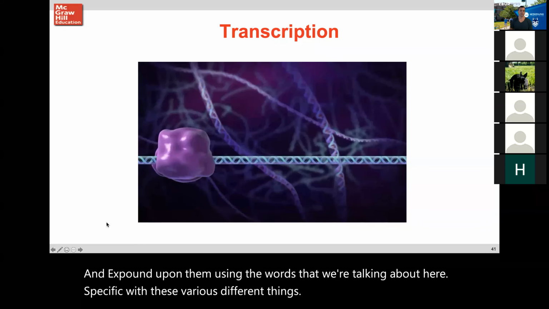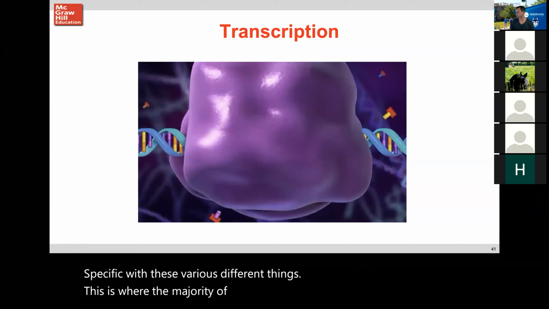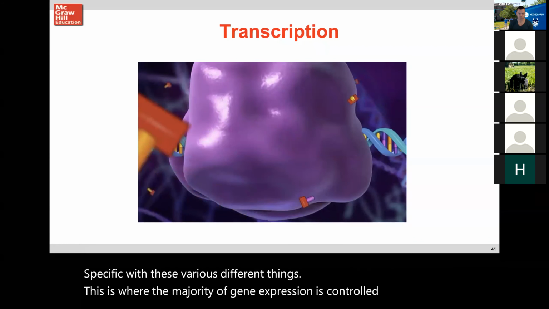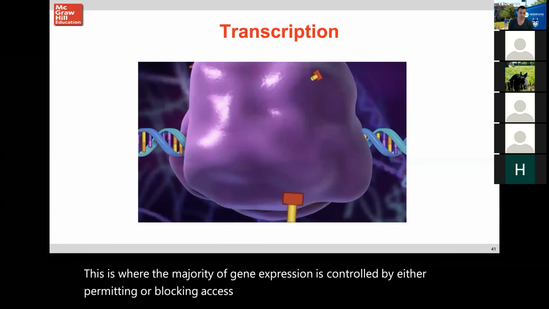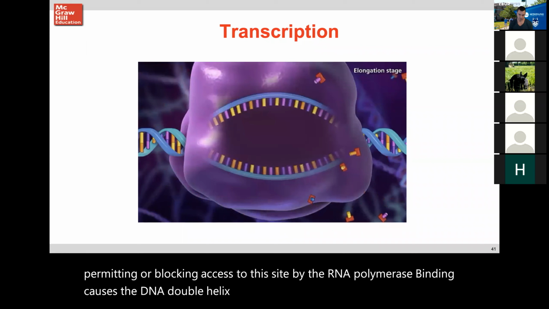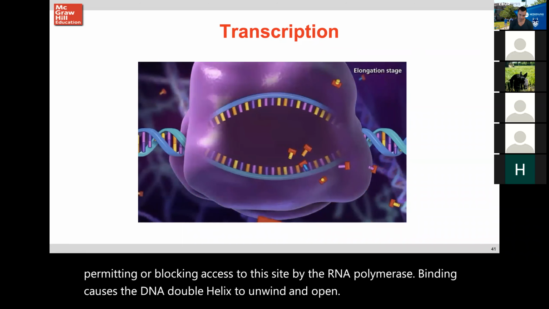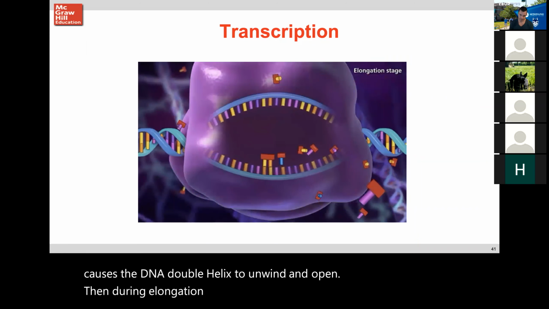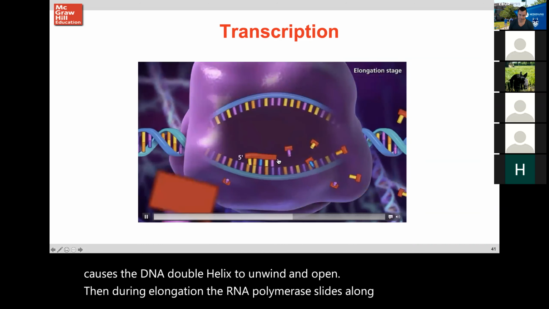This is where the majority of gene expression is controlled, by either permitting or blocking access to this site by the RNA polymerase. Binding causes the DNA double helix to unwind and open. Then during elongation, the RNA polymerase slides along the template DNA strand.